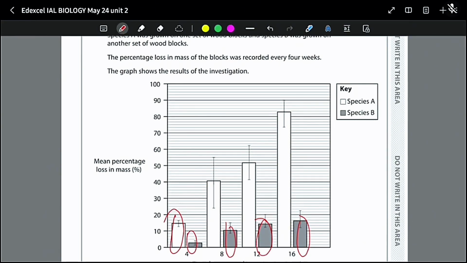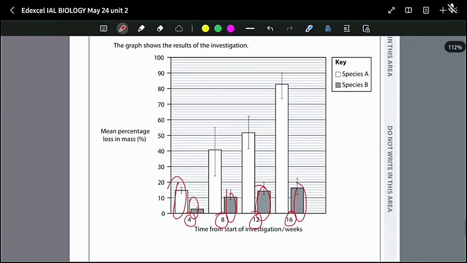The percentage loss in mass of the blocks was recorded every 4 weeks. So the graph shows the results. So it was the 4th week, 8th week, 12th week, and 16th week. And on the y-axis, it's the mean percentage loss in mass for both species A and species B.